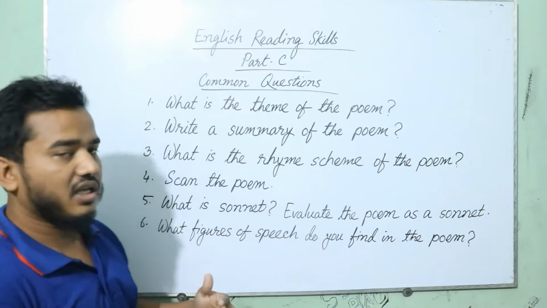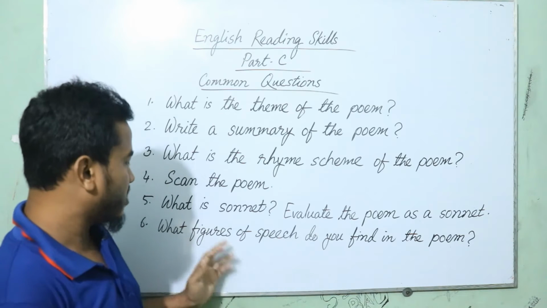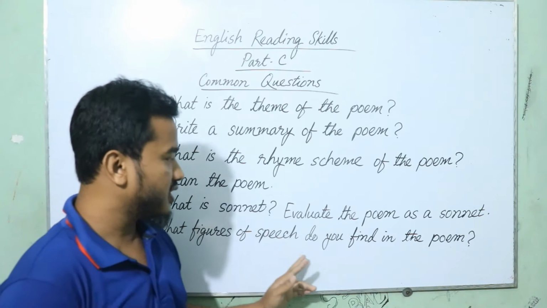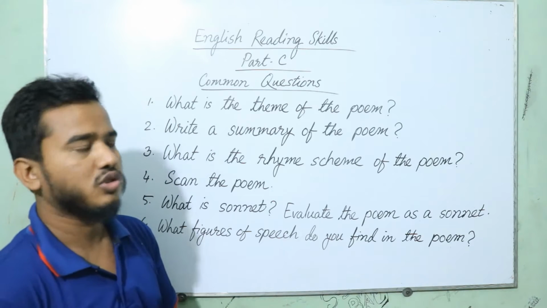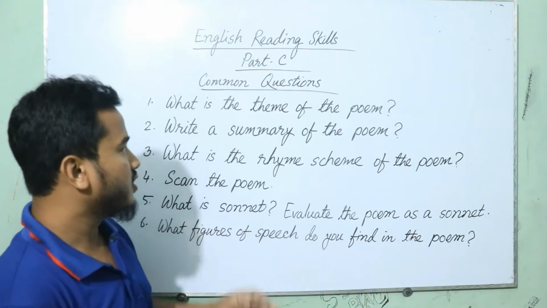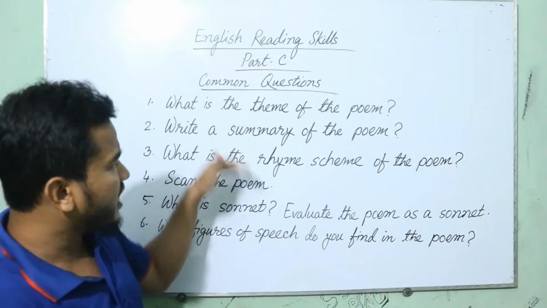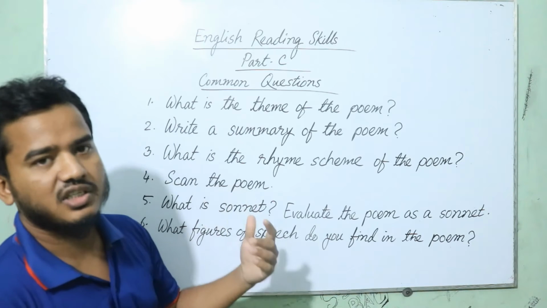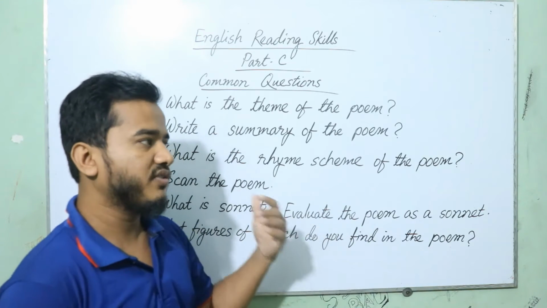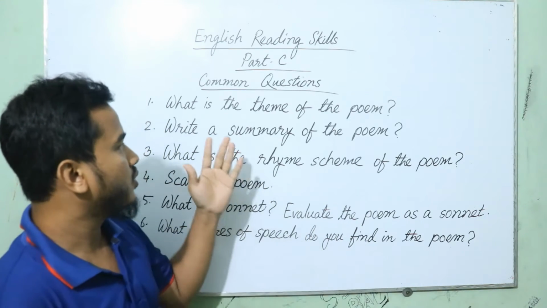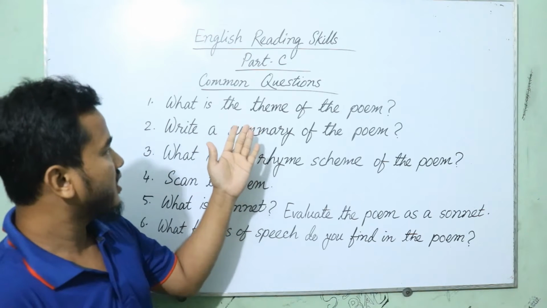In our last two classes I also discussed some figures of speech which are common in different board questions. So you have to practice them from different poems, from different writers and poets.